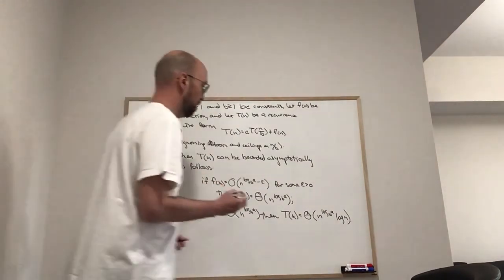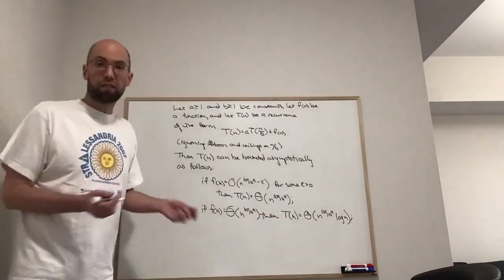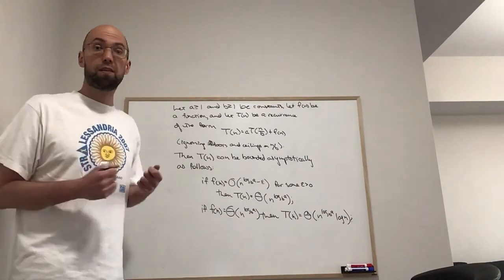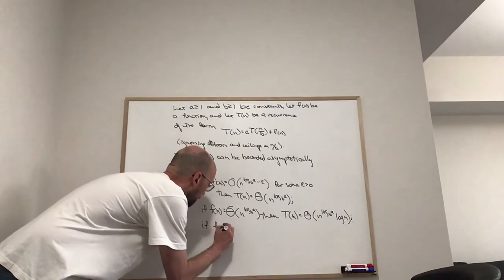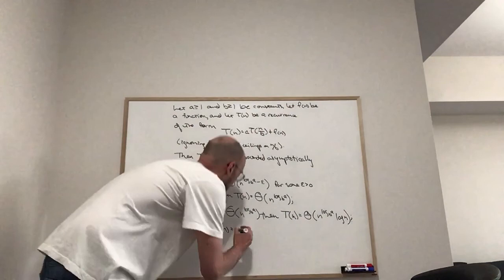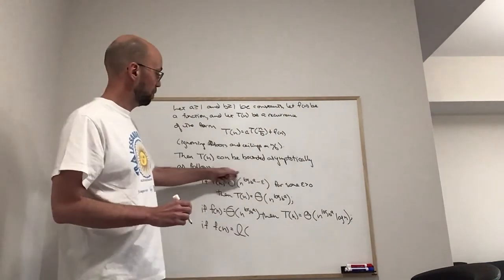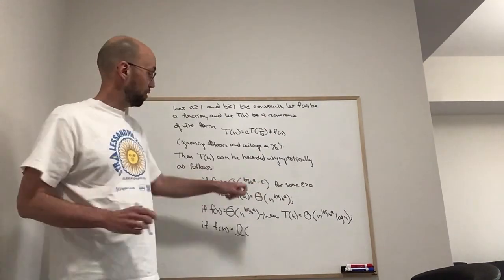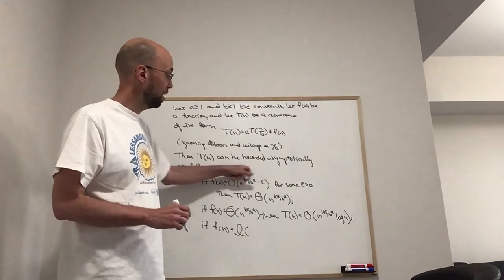And then the last case is the case where the cutting and the gluing part kills you. Remember, when you put the epsilon in, you're saying f of n is at most n to the log base b of a minus epsilon for some positive epsilon, so this is strictly smaller.